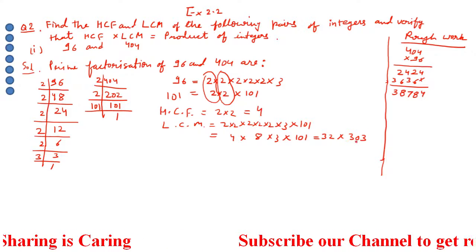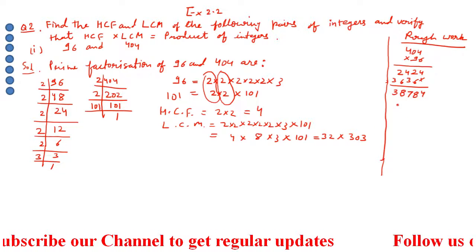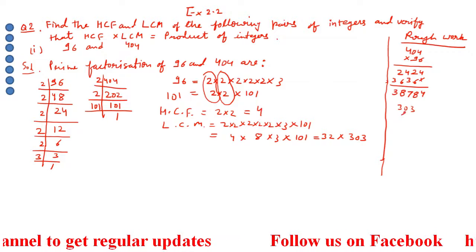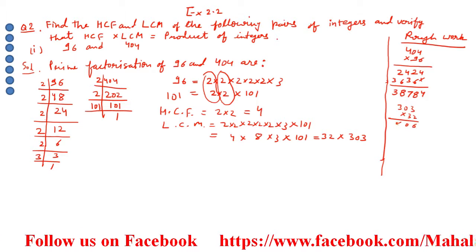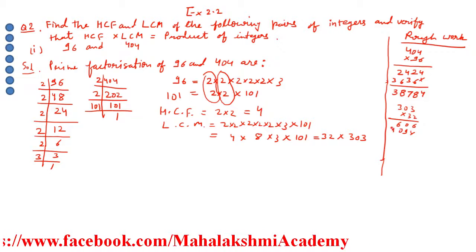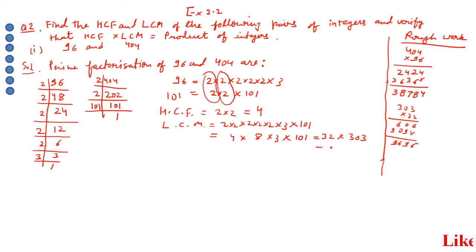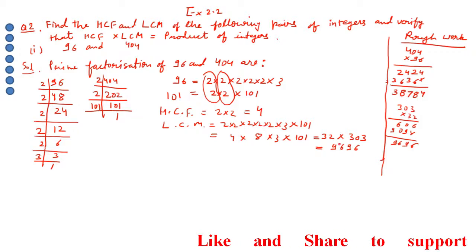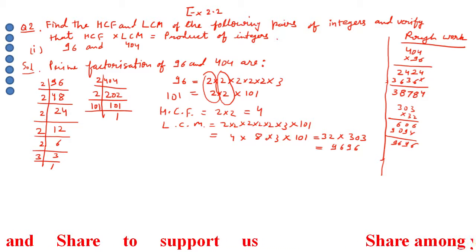So here we have to multiply 303 by 32. First by 2, 3 2s are 6, 3 2s are 6, then by 3, 3 3s are 9, then 3 3s are 9. So the answer will come 9696. Now students, we have the HCF and the LCM.